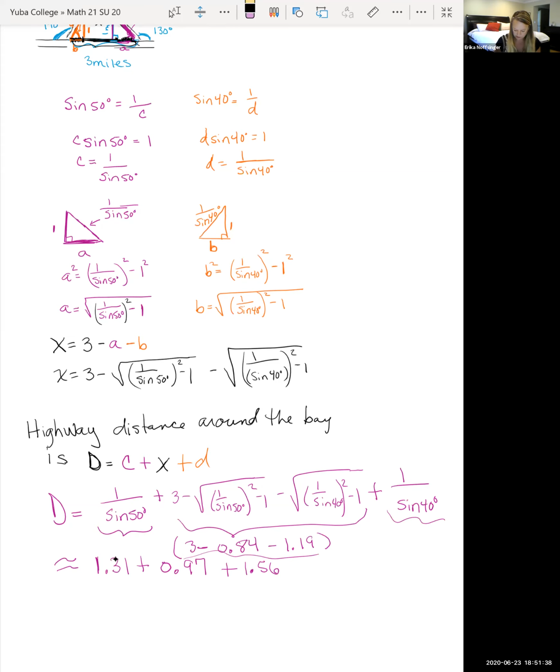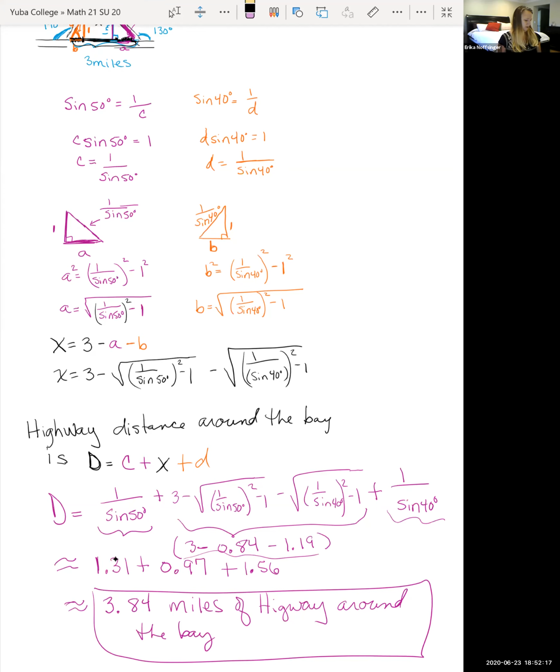So adding all three of those lengths, we get 3.84.